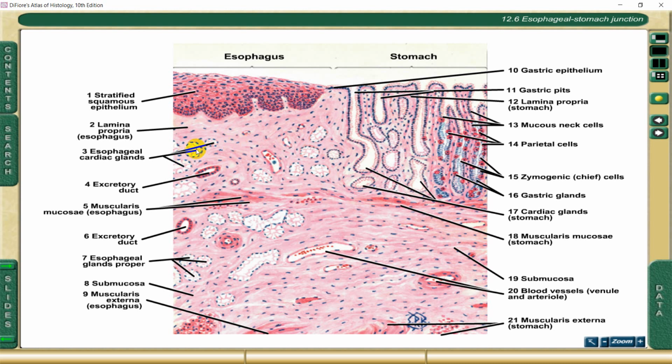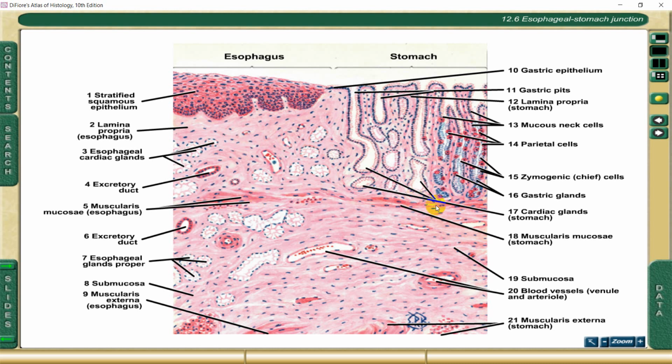It has the cardiac or esophageal cardiac gland just near the stomach. The lamina propria in the stomach has the gastric gland with the five cells. Muscularis mucosa in the esophagus is just one layer, one direction of smooth muscle fiber.